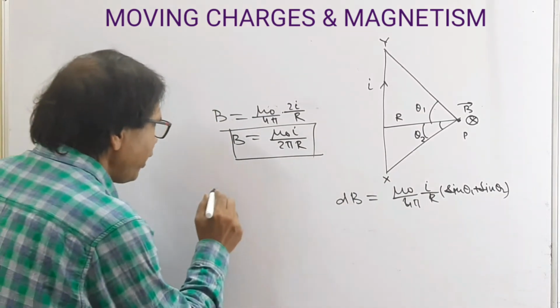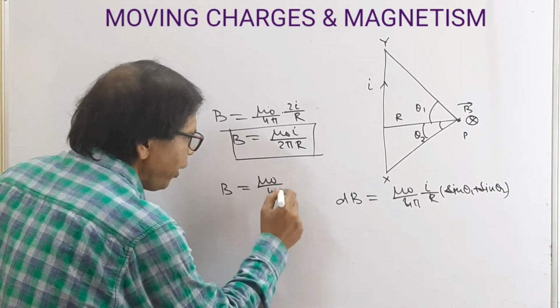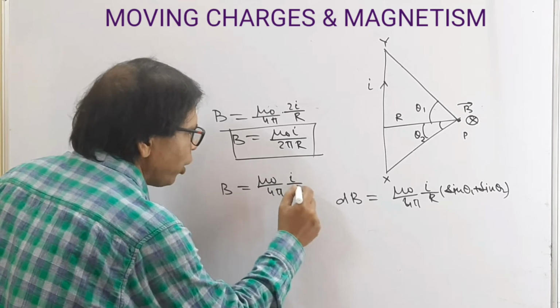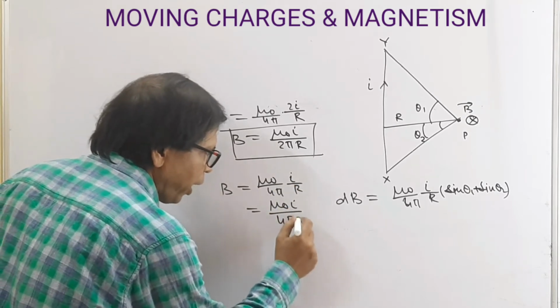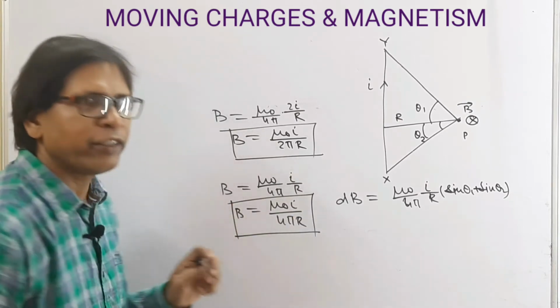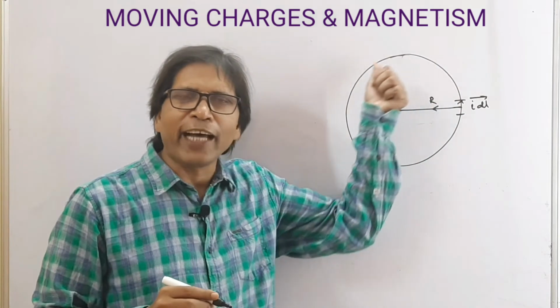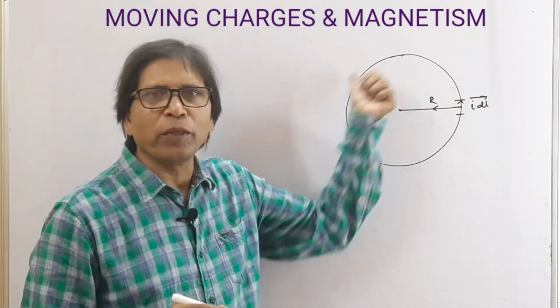So look at this, here B equals mu naught by 4 pi I by R, so mu naught I divided by 4 pi R. Okay, understood? Now next, suppose this is a circular coil carrying a current I as shown in the figure.